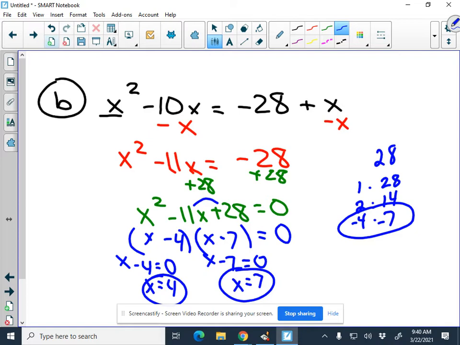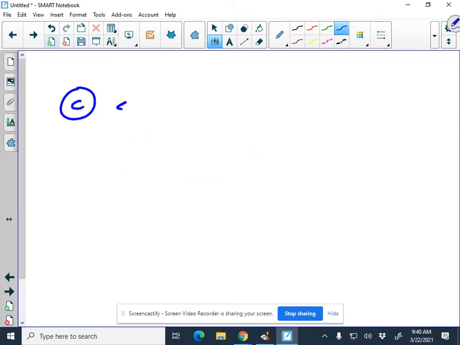Okay, notes packet, bottom of page 2, part C. Any questions? s squared minus 2s equals 24. What do you suppose we do first? We want to get one side to be 0.